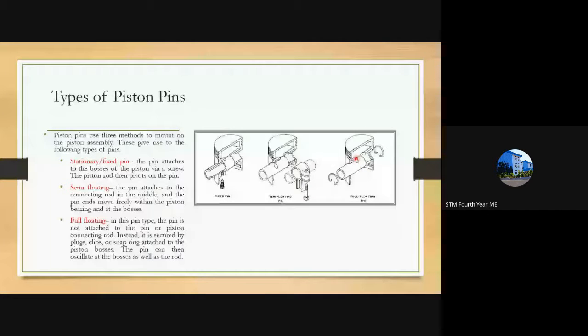This is why it's called fully floating, wherein the piston pin is fully free. When you disassemble, you can remove it easily and dismantle the piston and the connecting rod easily. Most probably we see fully floating piston pins, and these are the most commercially used nowadays.